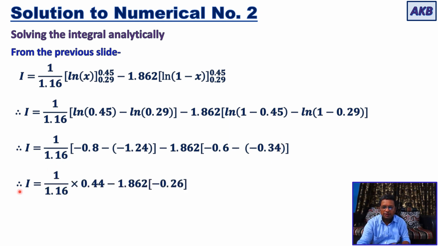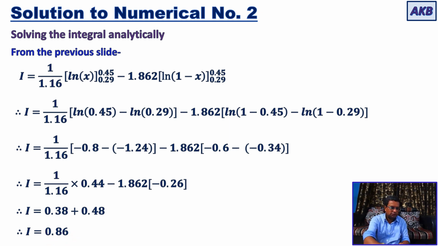Okay, so that gives us I is equal to 1 upon 1.16 times 0.144 minus 1.862 times minus 0.26. So that gives us I is equal to 0.38 plus 0.48, which gives us I is equal to 0.86.